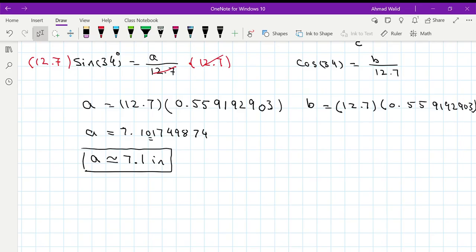Enter. 7.10 again. Oh, sorry, I used the value of sine. This is not the cosine. You have to find the cosine of 34. I am sorry, I used the value of sine.